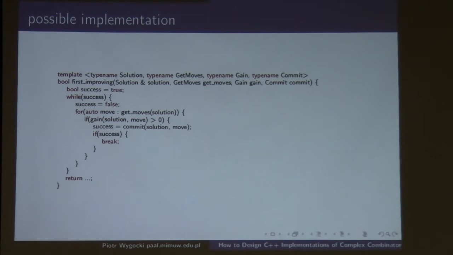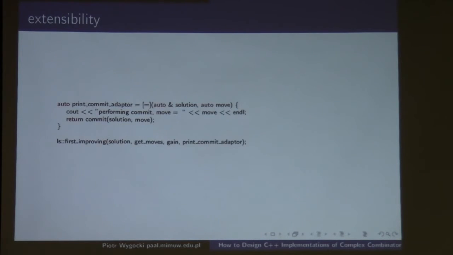So we have to answer just two questions. Okay, loose coupling. There are no real dependencies here, so let's omit this. And we have to answer the question how to extend this code. So assume that we would like to print. Someone wrote these three functors, and now we would like to run our local search and print each move that was committed. That's reasonable. So how to do this?